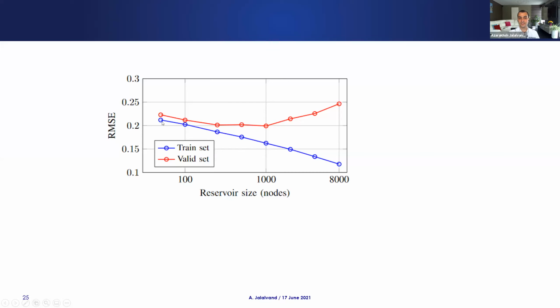What it tells you is that if you want to optimize the reservoir size, at least in this data set, something between 500 to 1,000 seems to be good enough. It is one of the hyperparameters, and by just sweeping and increasing the size, you will find out which is the best region. It also depends on the complexity of the model that you want to have.